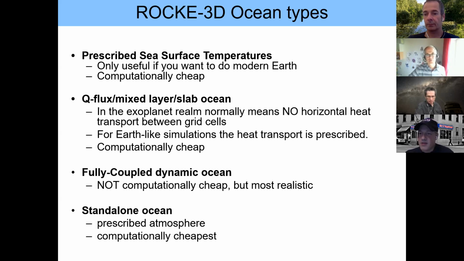Now, Kostas went through the comparison of the run deck. If you compare your run deck P4SQ for the QFlux run and P1SO for the fully coupled atmosphere-ocean run, you notice quite a few specific ocean files.